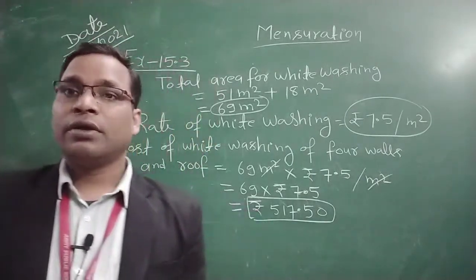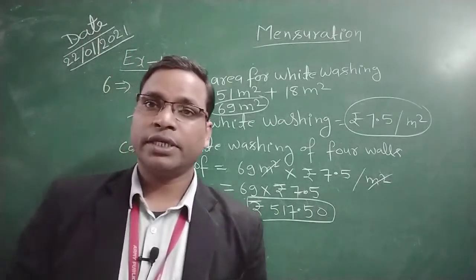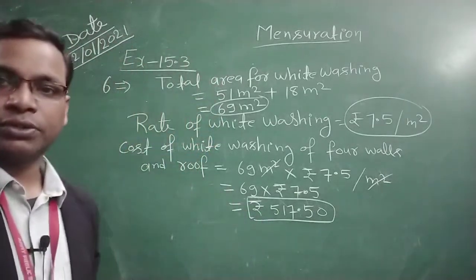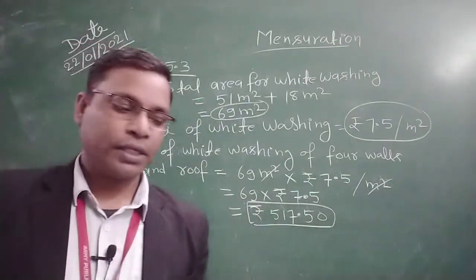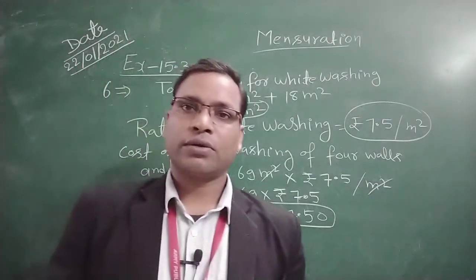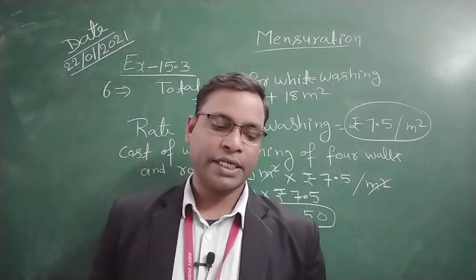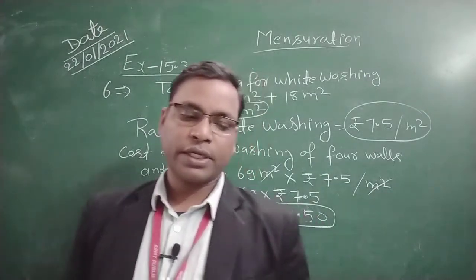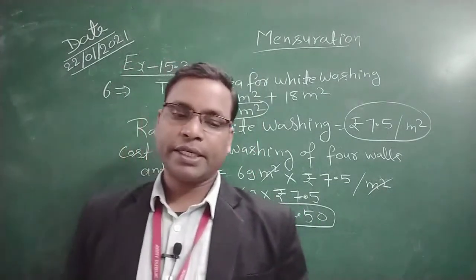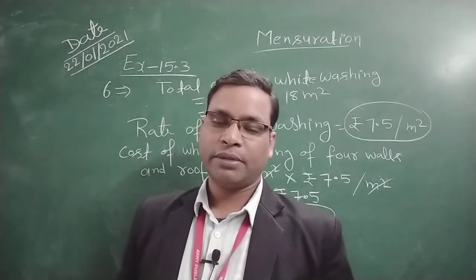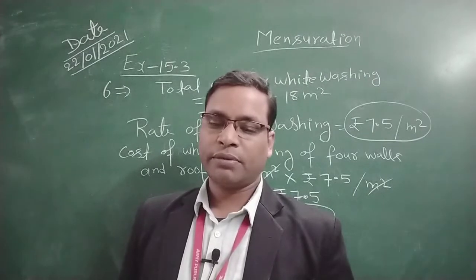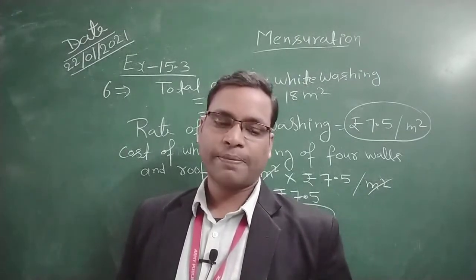So student, I hope all of you understood this question. Now we are going to discuss the next question. Let's see what the next question is. Now student, question number 7 of this exercise is that a suitcase with measure 80 centimeter, 48 centimeter and 24 centimeter is to be covered with tarpaulin cloth.